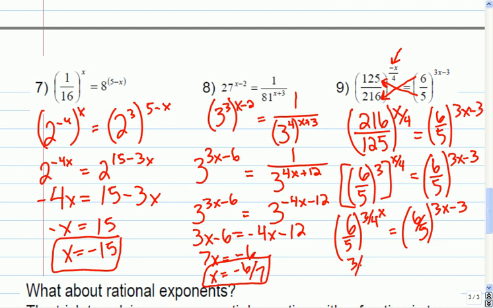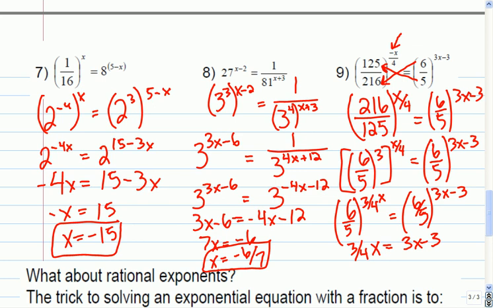So 3/4 x equals 3x minus 3. If I move these around here, let's see, oh yuck, fractions, so that'll be 12 out of 4. So this will be negative 9 over 4. Is that right? Oh, let's not do fractions. I'm feeling lazy.